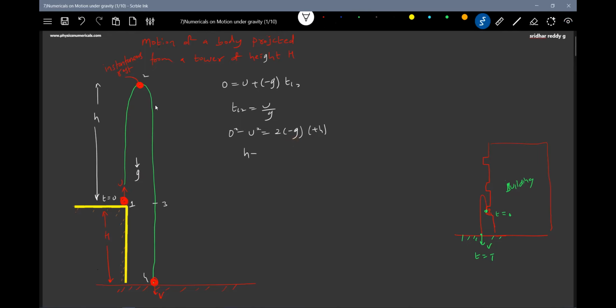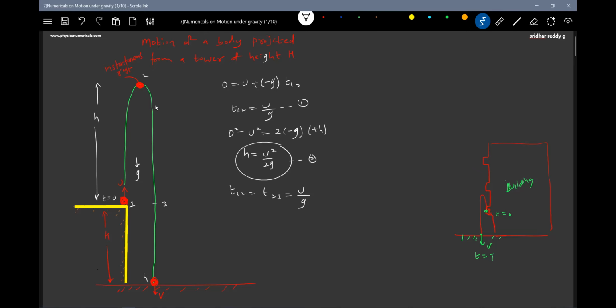Therefore, finally, h equals u squared by 2g, the height ascended by the ball above the tower. Then time t3: we already know the time of ascent should be equal to the time of descent. We already had this in the previous class.